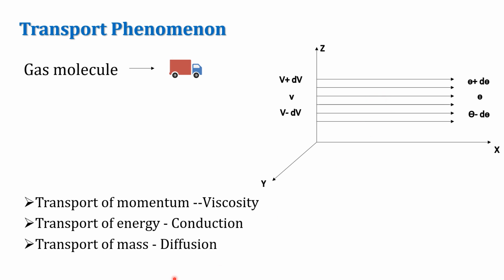This is the phenomenon of diffusion, and it is a result of transport of mass. Hence, the viscosity, conduction and diffusion are due to transport of momentum, energy, and mass respectively. These are known as transport phenomena.